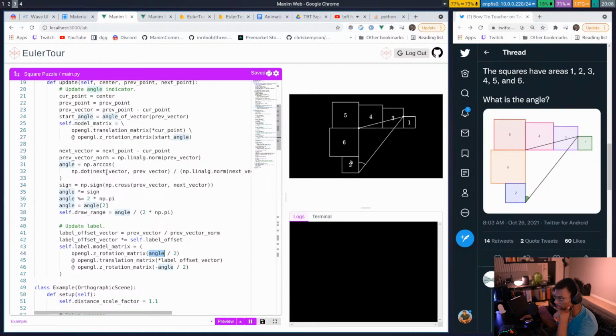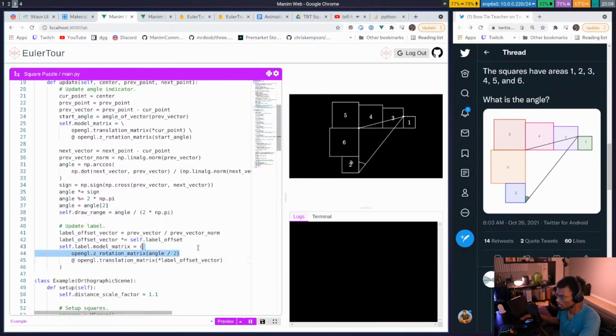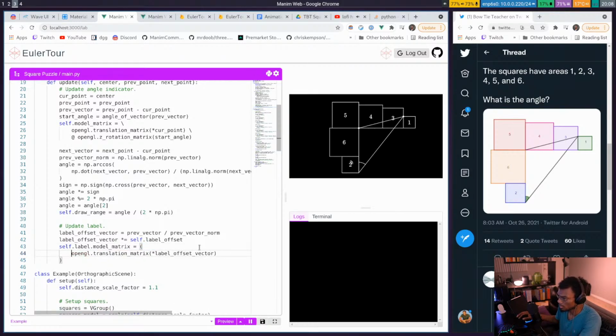The angle between the next vector and the previous vector? This is a weird function. I guess I'm rotating it by that much. Wonder what happens if I just translate this. Then it's rotated. It's translated by the wrong thing too, though.